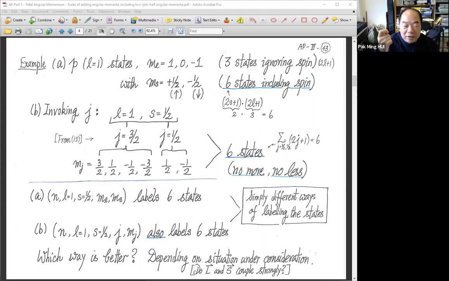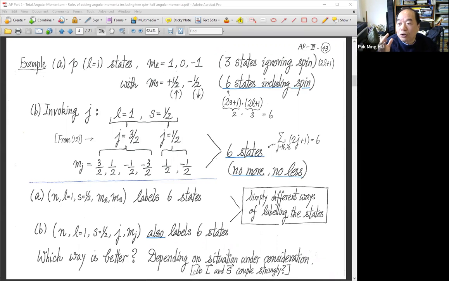Okay, what does it mean? The number of states will be no more, no less in the two different descriptions. Let me explain what it means.